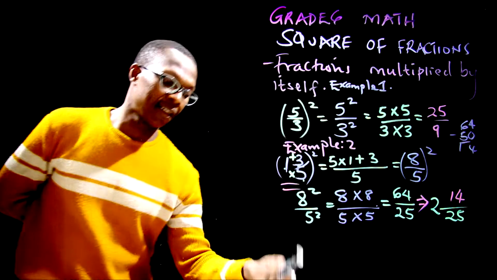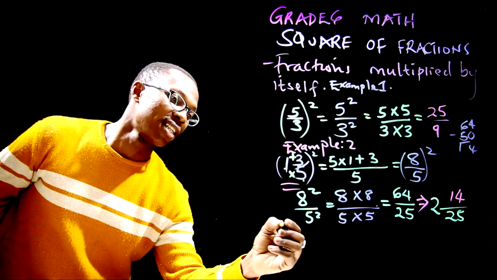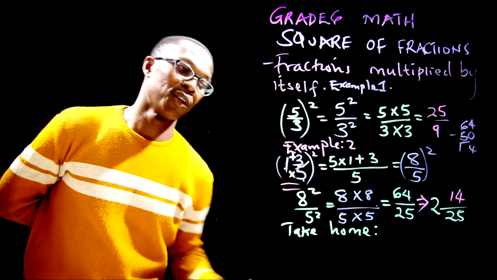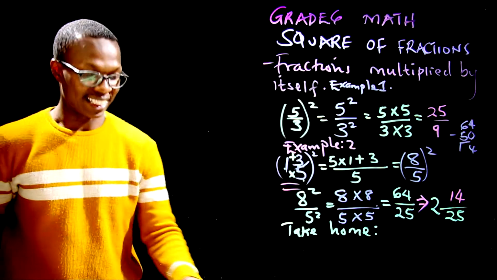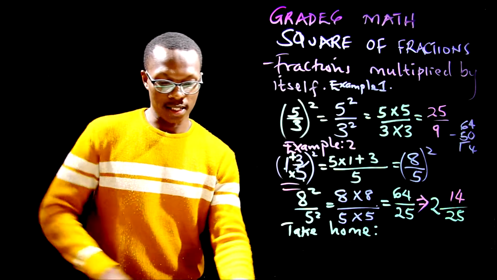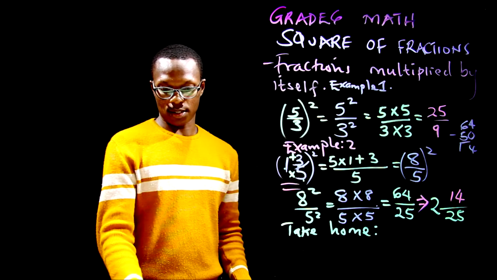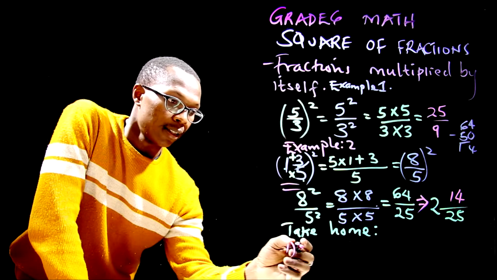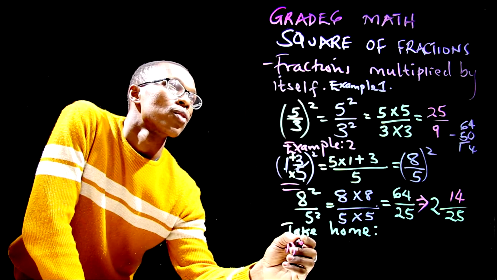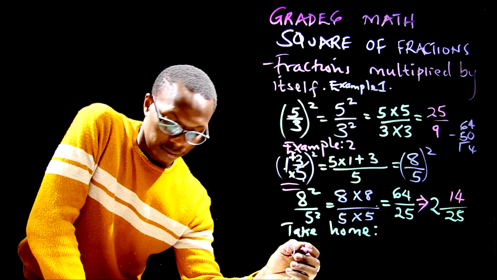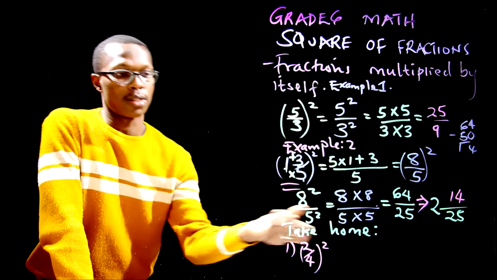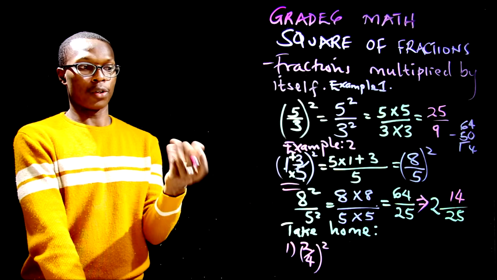Perfect. My dear learners, let's have this as our take home. I know we always have to end with an exercise. Number 1, find the square of these fractions: 2 over 4, and I raise it to power 2 so that you know it's a square.